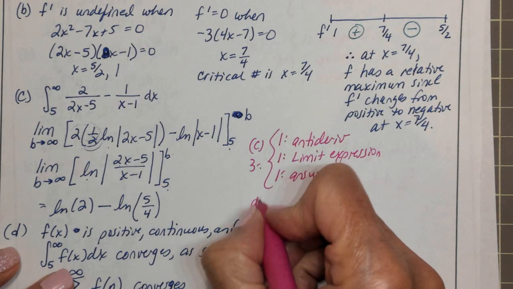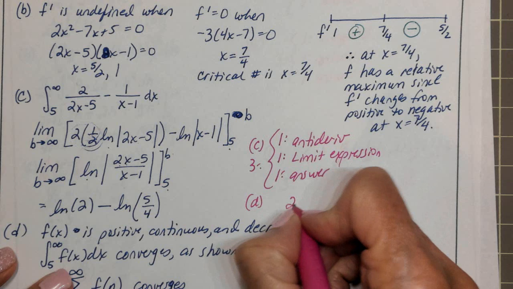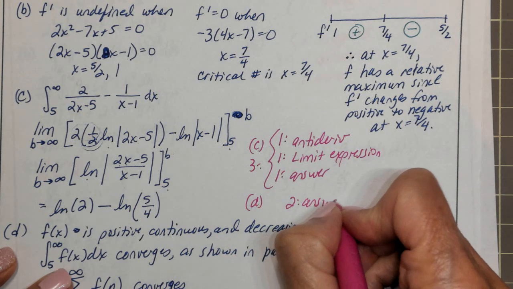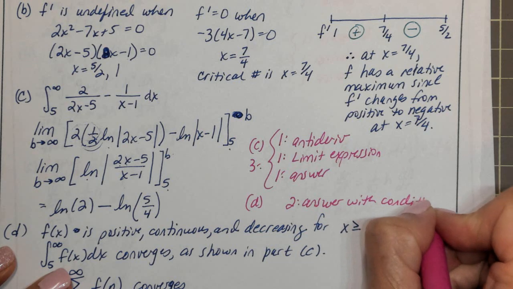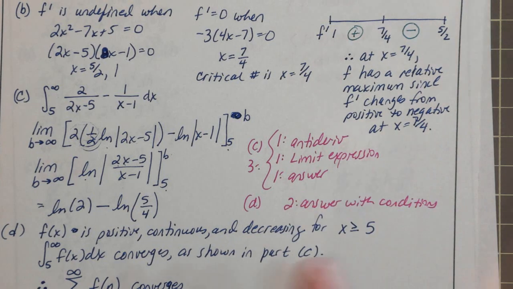Because in part D it only shows 2 points for the answer with conditions. So clearly I'm missing a point there because every one of these was 9 points. But I'll fix that in class. Alrighty, so that's a couple of function analysis problems.